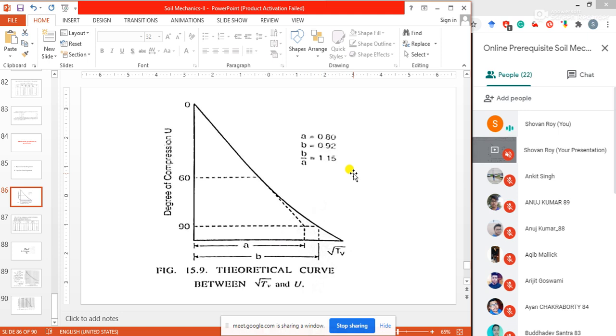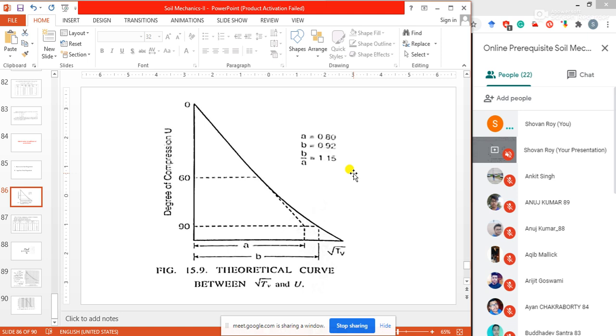Therefore, from this curve it is clear that U60 and U90 are both important values. Both values are important to find the theoretical relation between root of time factor and degree of consolidation or compression.